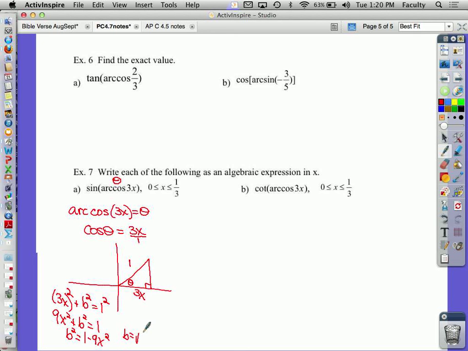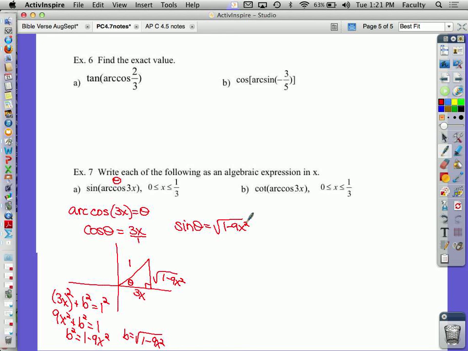So that missing side is the square root of 1 minus 9x squared. Now we can compute the sine of theta. So opposite is the square root of 1 minus 9x squared. Now it's over 1, and we're not typically going to leave it over 1. We'll just leave it like that.